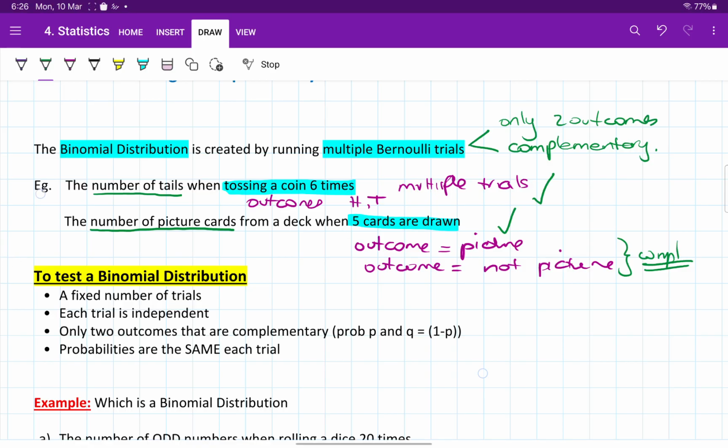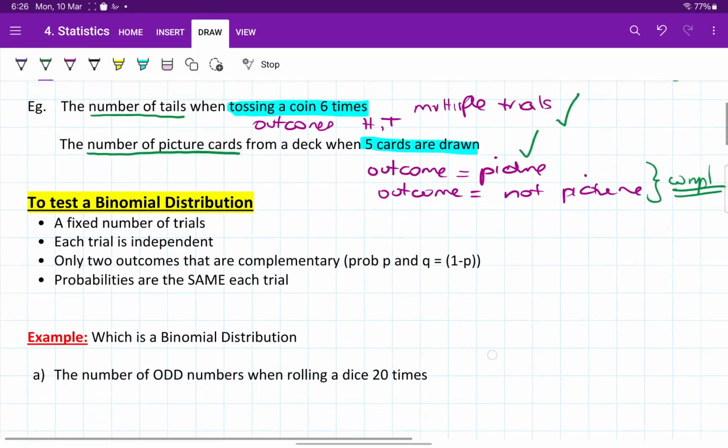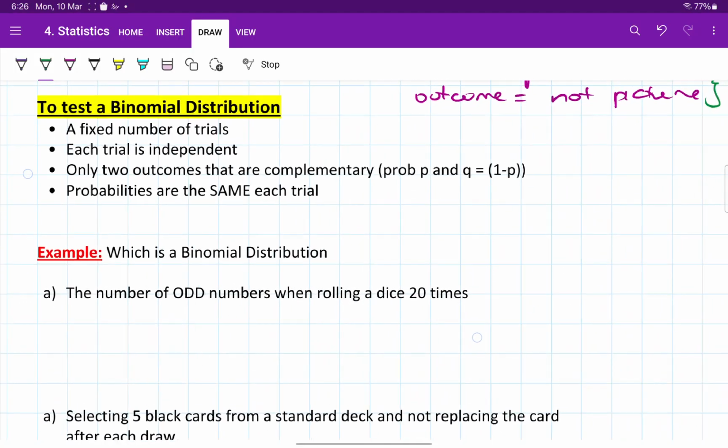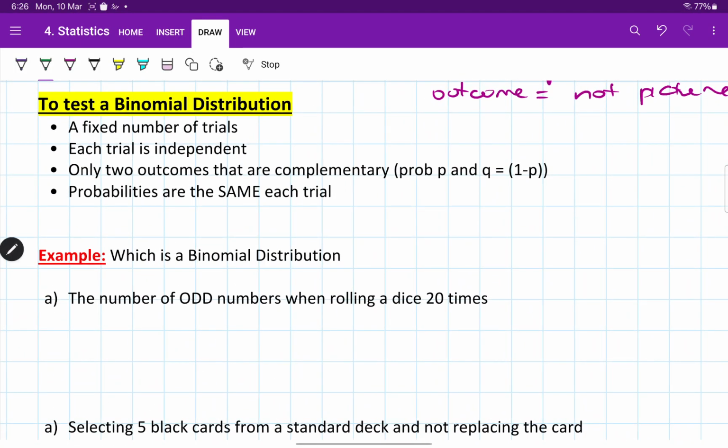So let's have a look here. So in theory, to test a binomial distribution, we have a fixed number of trials. So whether it happens twice, 5 times, we know how many times the event is happening. Each trial is independent. In other words, whatever I get on the first trial has no bearing on the second trial, and so on. Okay. Third, the 2 outcomes are complementary.